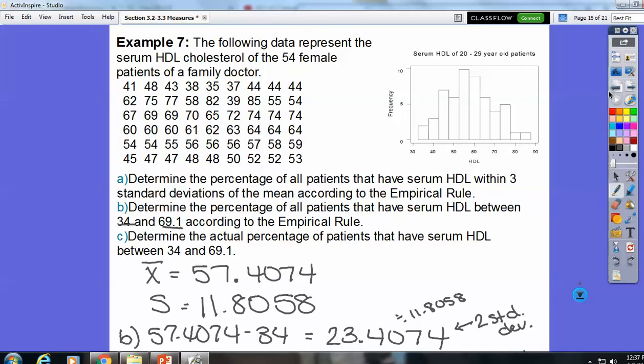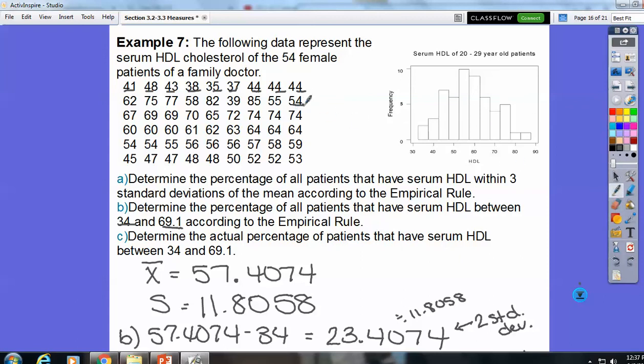Okay. Part C determines the actual percent of patients that have an HDL between 34 and 69.1. So we would actually have to count how many patients fell in that range between 34 and 69.1. Might be easier just to, here, let's just exclude the ones that don't.